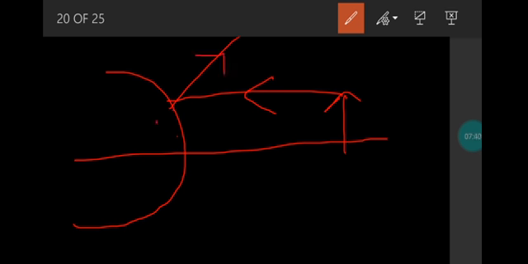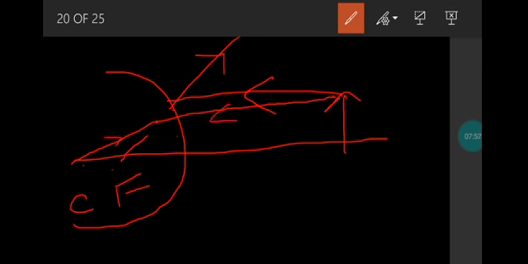That means it appears to be passing from the focus point, and this is a center of curvature. This is one ray. And when another light ray is passing through the center of curvature, again it bounces back, right? Here this is the extrapolated line and this is the center of curvature line. Both met at one point.